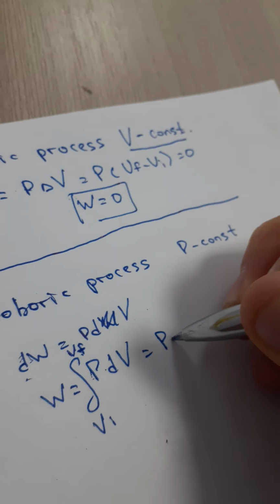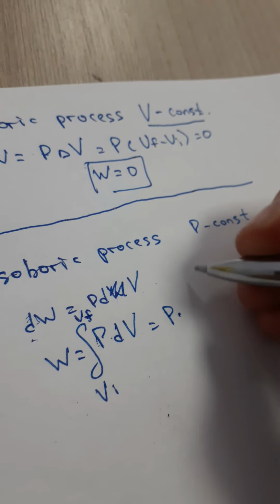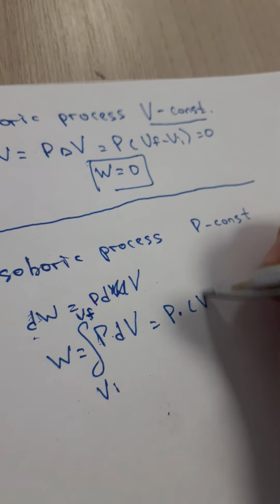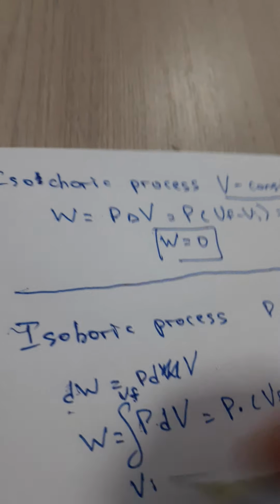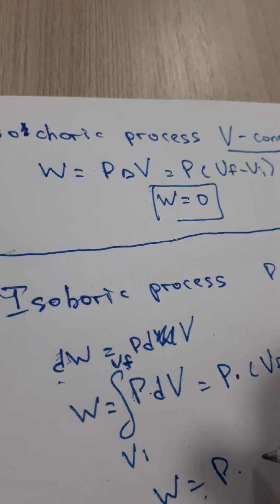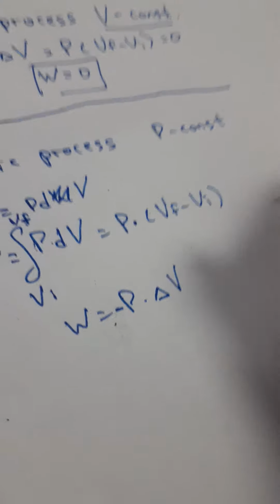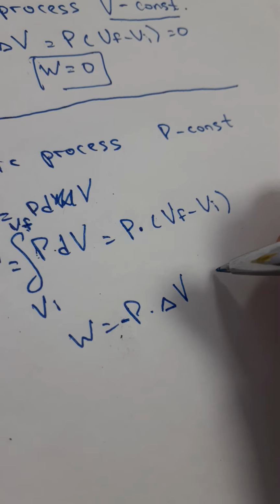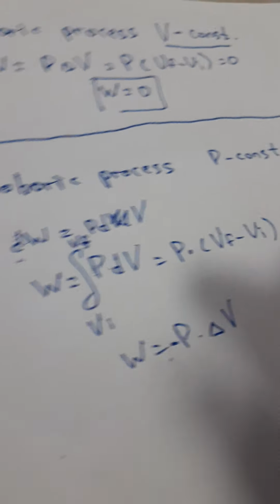P will go out of the integral, and the integral of dV is V final minus V initial, yes? V final minus V initial. And here we'll find that it equals P delta V. So plus or minus, it depends: if it's compressed, it will be minus. If it expands, it will be plus.